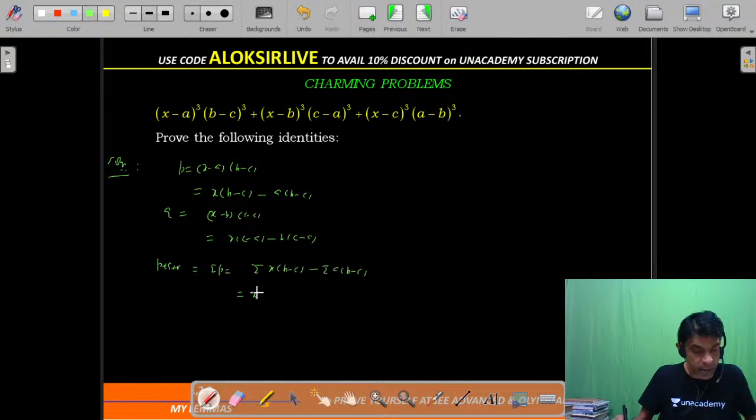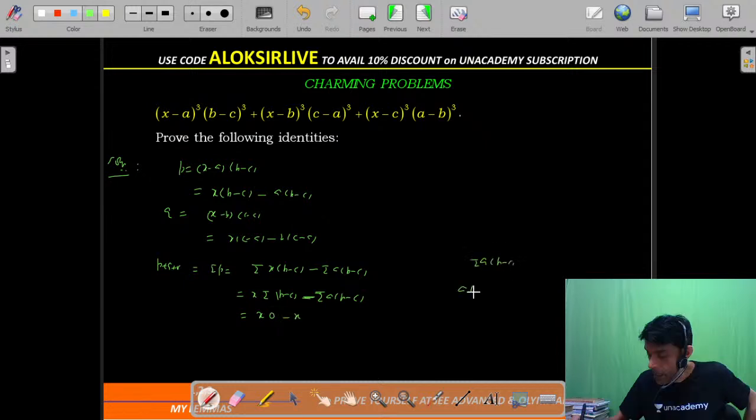X comes out, so x times sigma b minus c, and this is 0. This also is 0, because sigma a times b minus c is a times b minus c plus b times c minus a plus c times a minus b, and you will find that these all are 0.